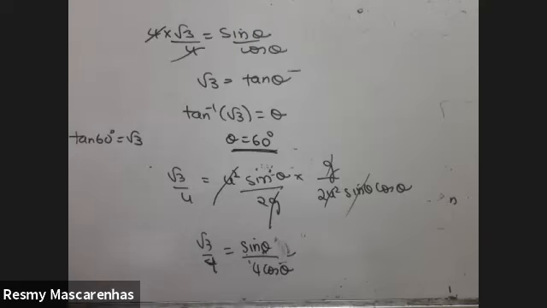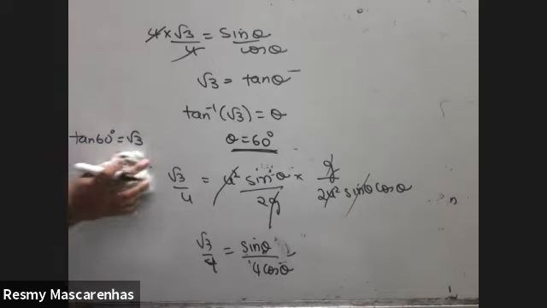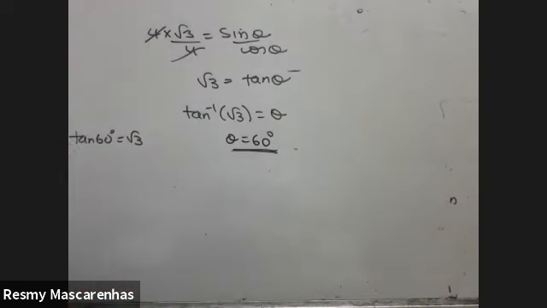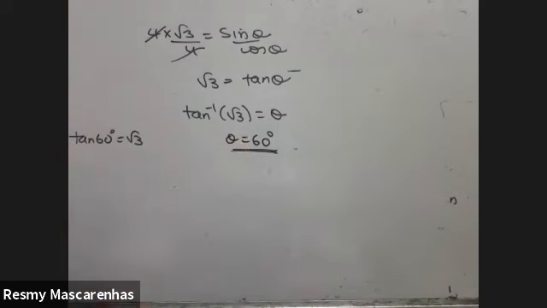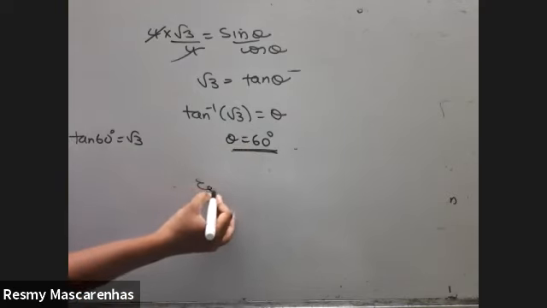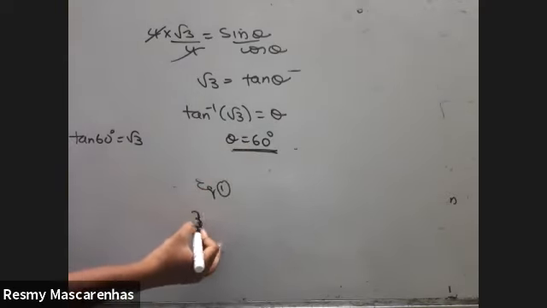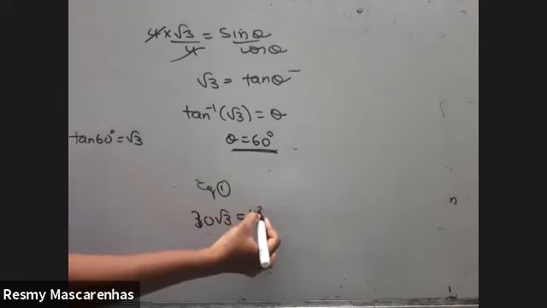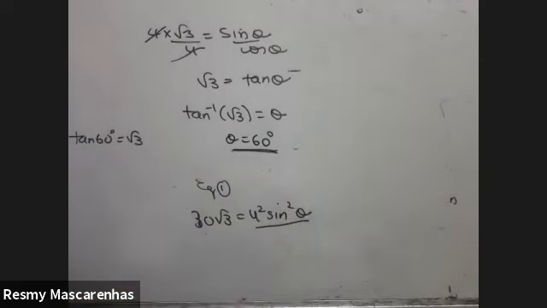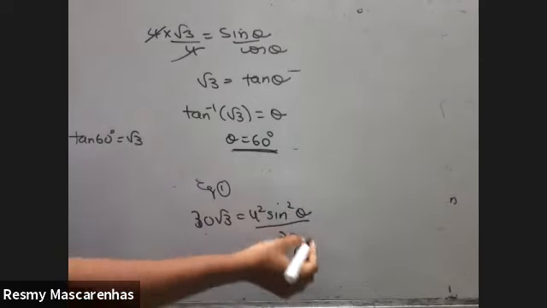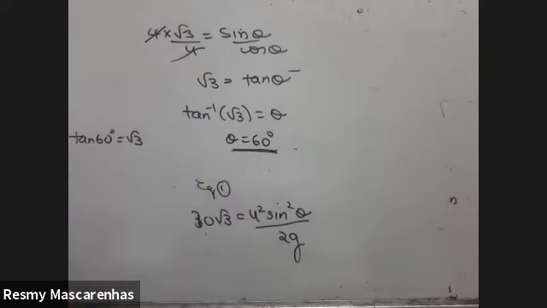Now we have to find the initial velocity. Take any of these. You can take either the height or the range formula and calculate. Put the value of theta in either equation 1 or equation 2. So what was equation 1? 30 root 3 was, and theta we got as 60 degree.